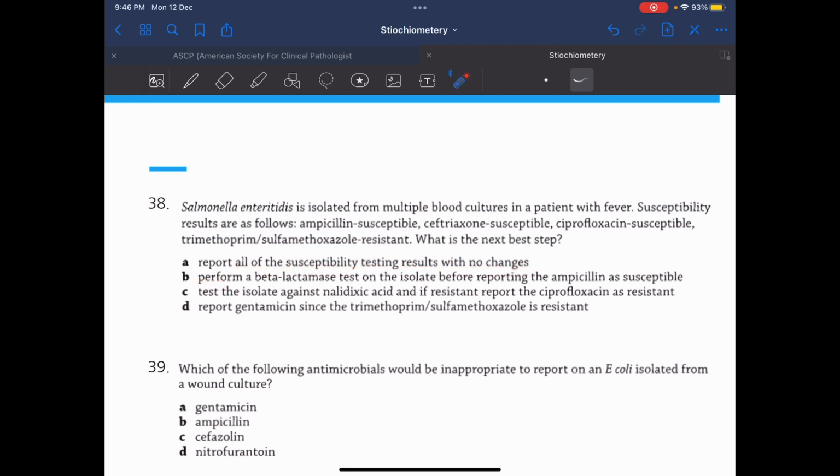Perform beta-lactamase test on the isolate before reporting the ampicillin as susceptible. Test the isolate against nalidixic acid, and if resistant, report the ciprofloxacin as resistant. Report gentamicin since trimethoprim-sulfamethoxazole is resistant. The correct answer is C. You will test the isolate against nalidixic acid, and if it is resistant, report ciprofloxacin as resistant.